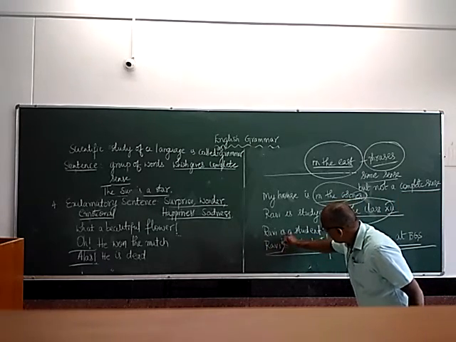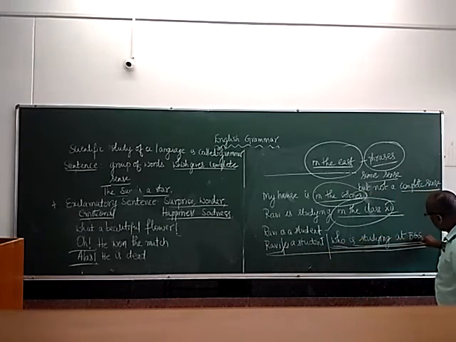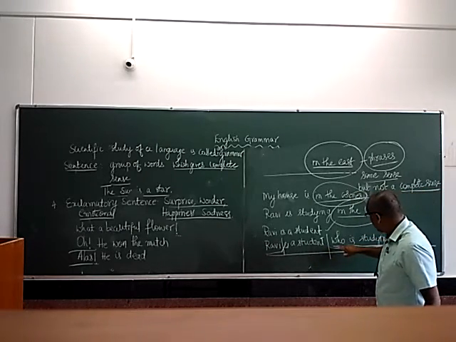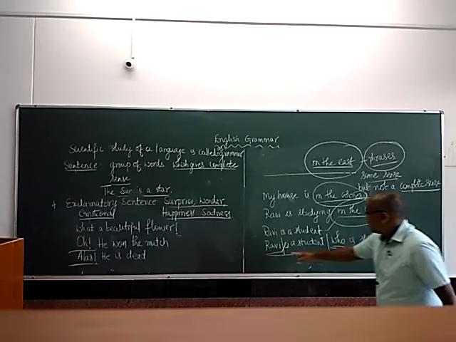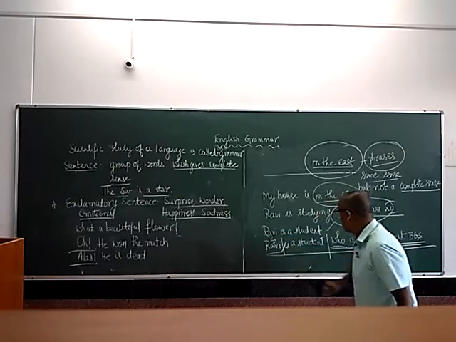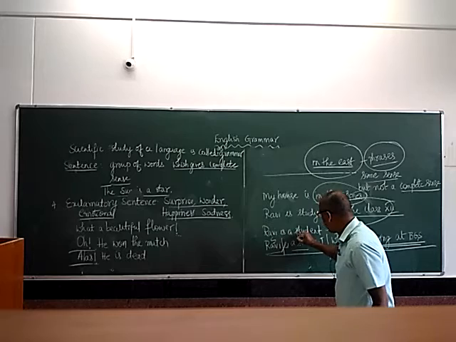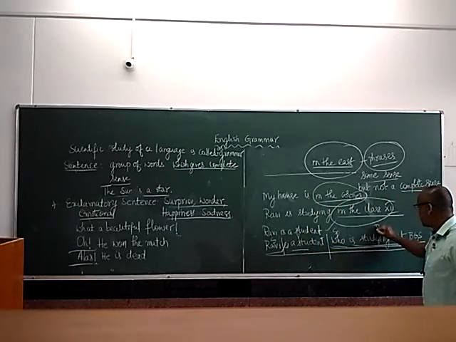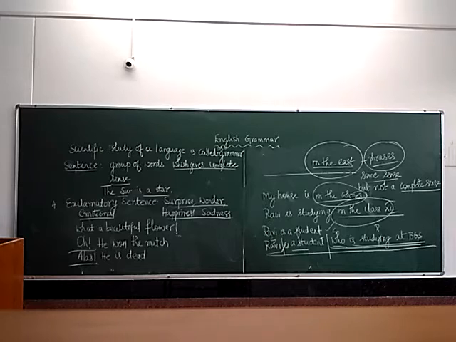Here you have one subject and predicate. Here also there are two things: one is subject and another one is predicate. There are two subjects and two predicates in this sentence.